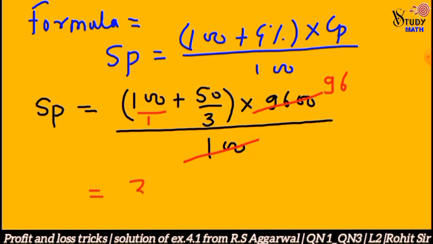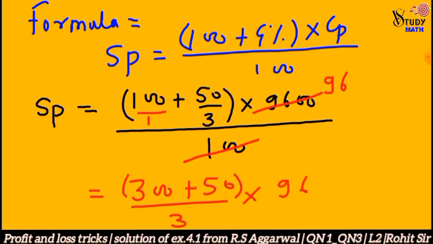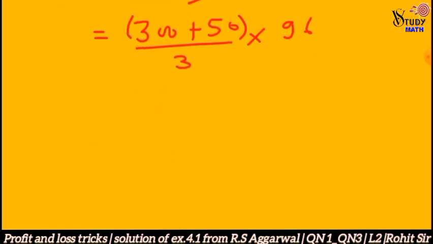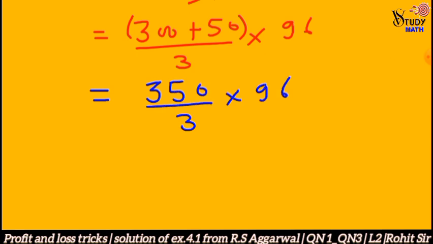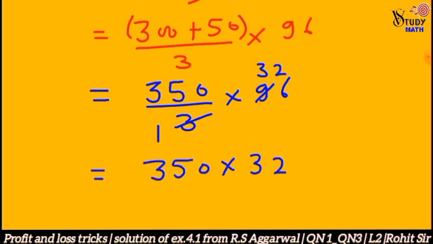After taking LCM we have 300 plus 50 by 3 multiply 96. Now do this calculation. We have 350 upon 3 multiply 96. 3 1s are 3, 3 3s are 9, 3 2s are 6. So we have 350 into 32.